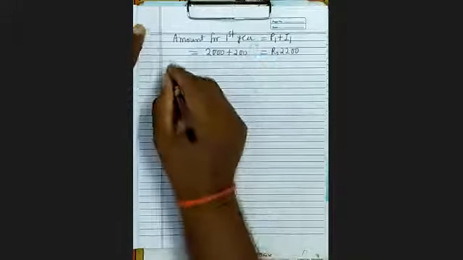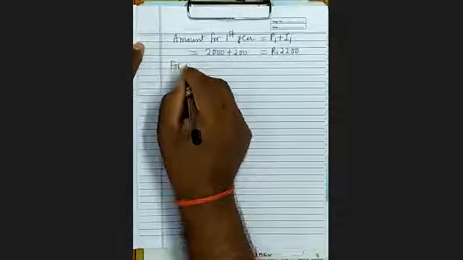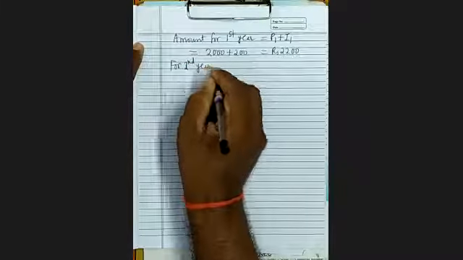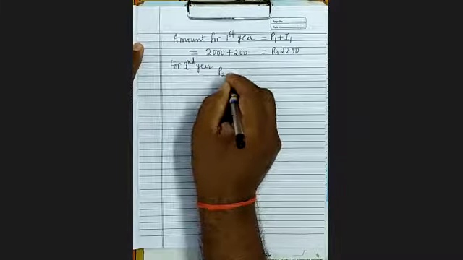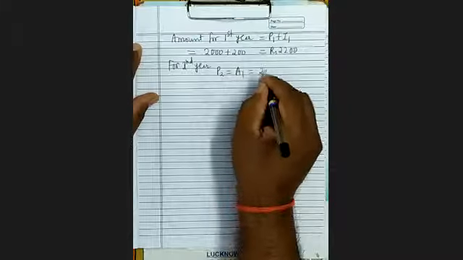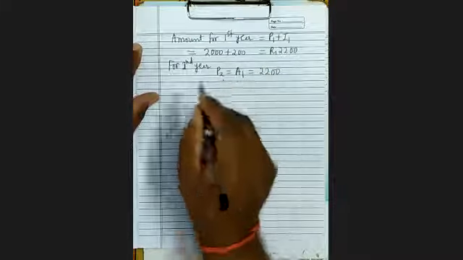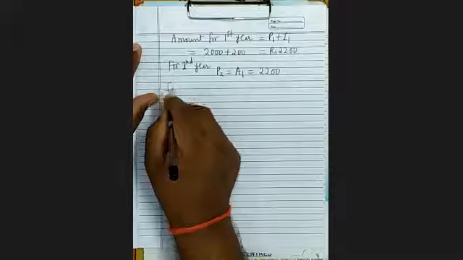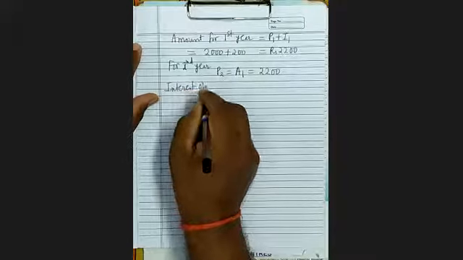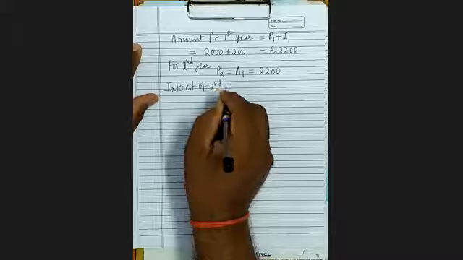Now for second year, what will be principal? Sir, 2200. P2 equals to A1, that is 2200. So what is interest of second year? Who will tell? Second year.